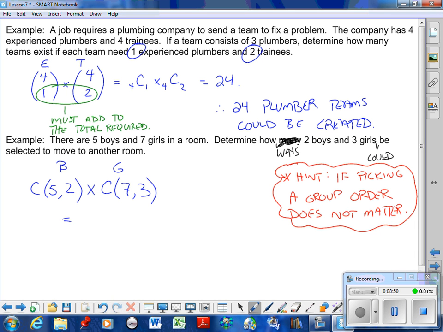You have your total number available, and you're only picking a couple of them, and you do that multiplication to determine the final number of possible groups that could be chosen. So we find that there are 350 different groupings that could be created.